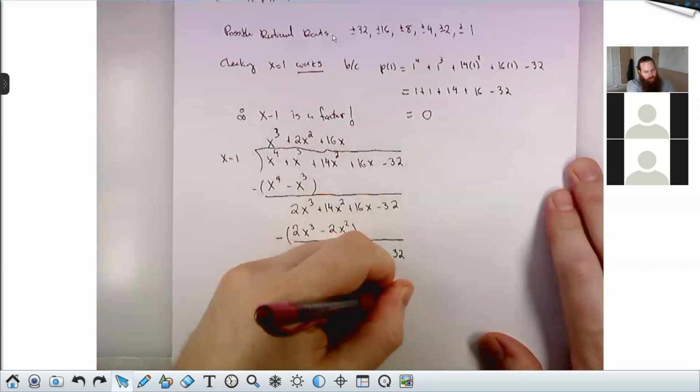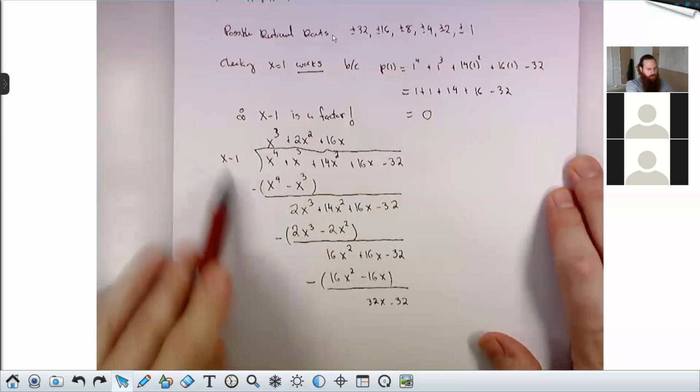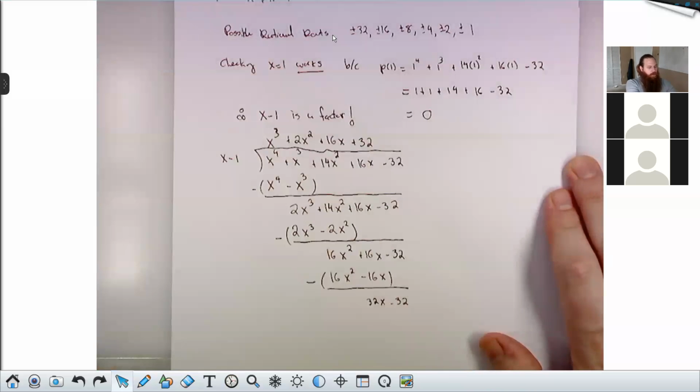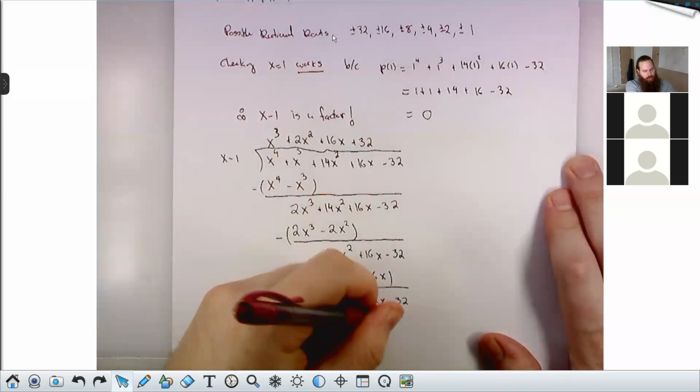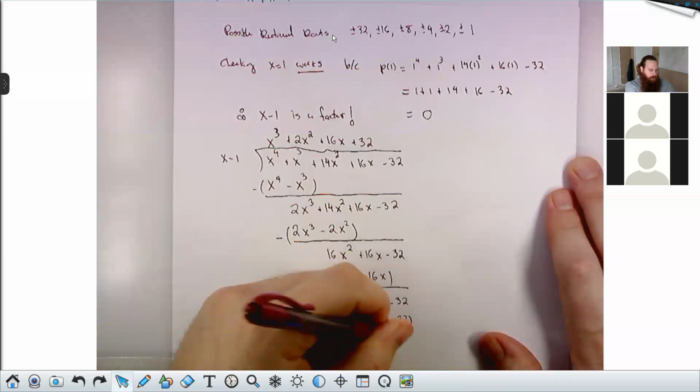And then I'll have the minus 32 come down. To turn x into 32x, I multiply by 32. 32 times x minus 1 is 32x minus 32. And this time when I subtract the rows, everything goes.